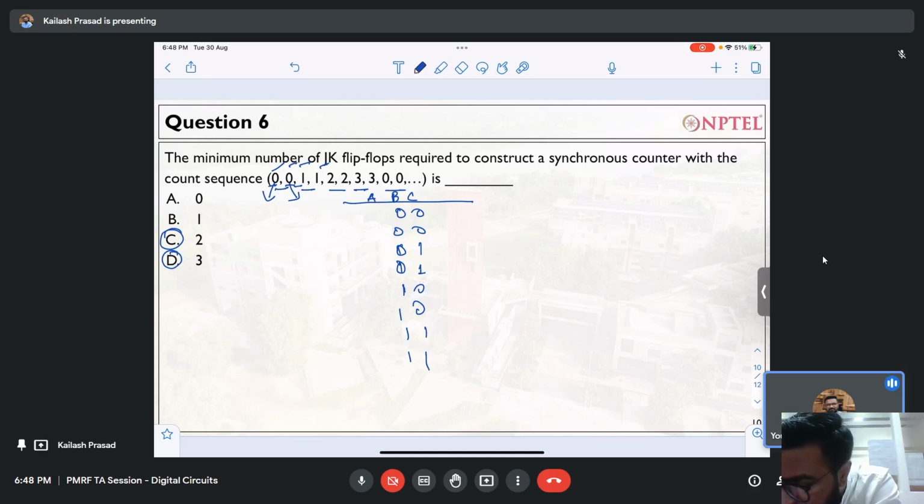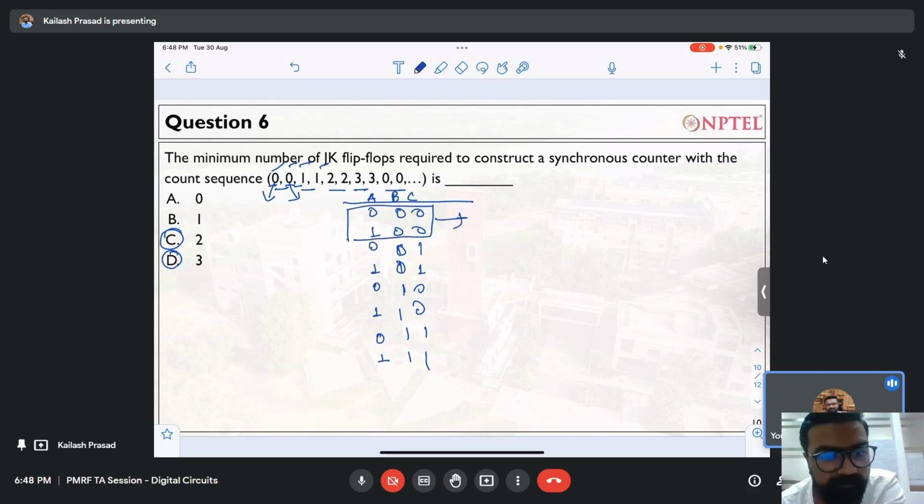So what is actually required is you put 0 here and 1 here, similarly 0 1, and then 0 and 1. You have to put this if you want to differentiate between these two states. Otherwise both the states look the same, right?